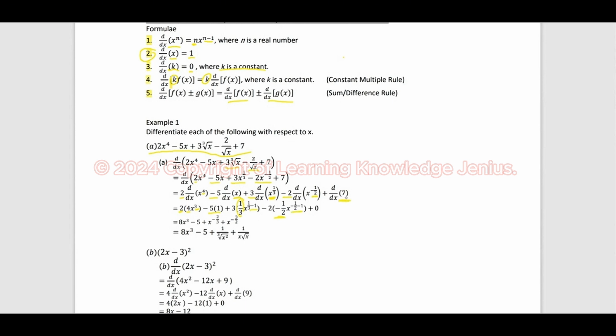Differentiation of a constant, remember from the previous formula, differentiation of any constant is equal to 0. Then we simplify it and we get this. And the last step, we convert the index form into the surd form, and this is then done.